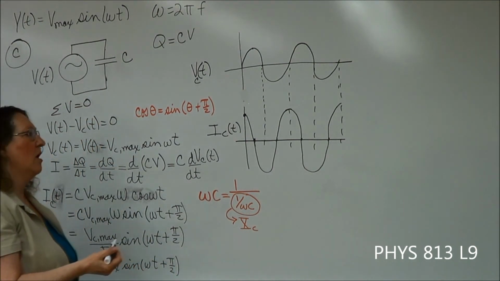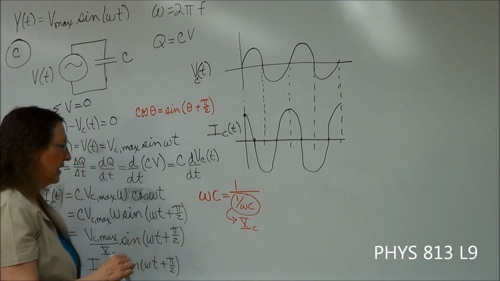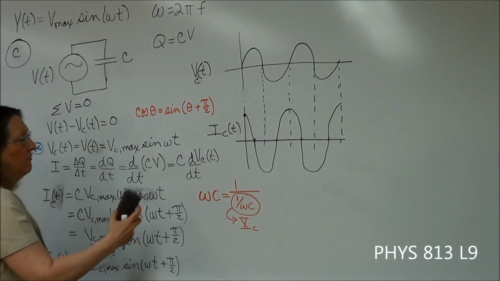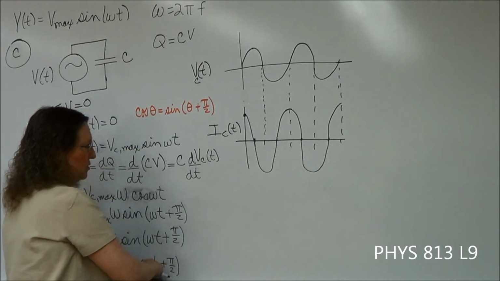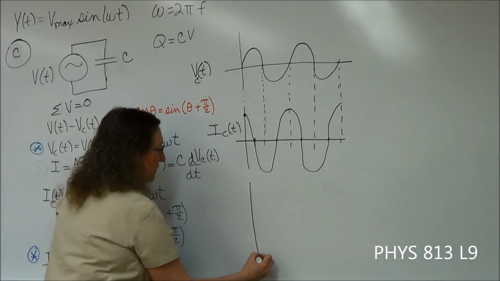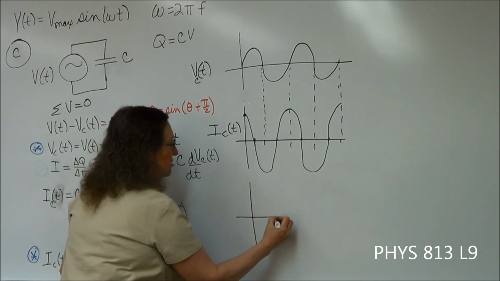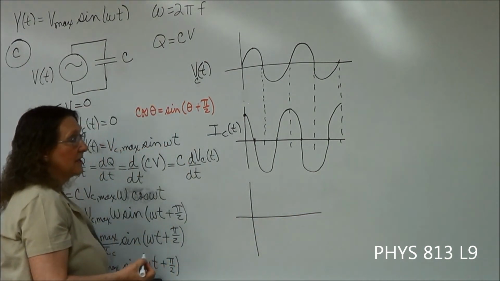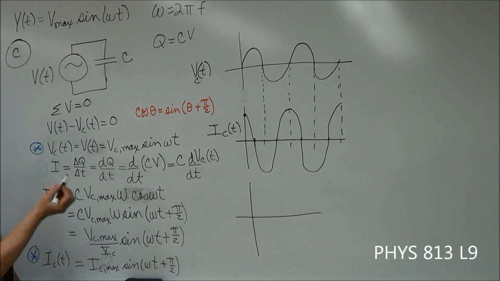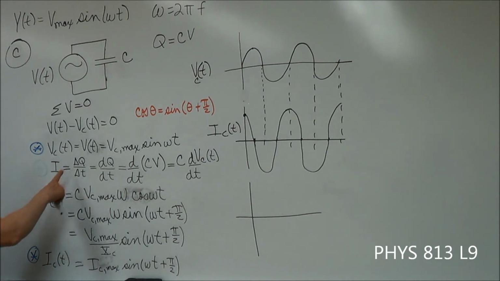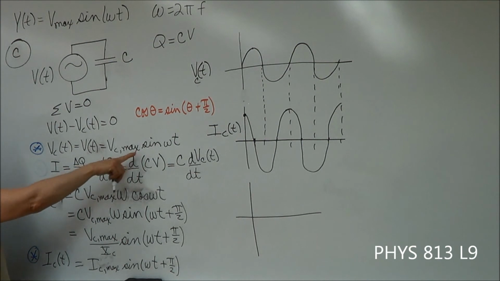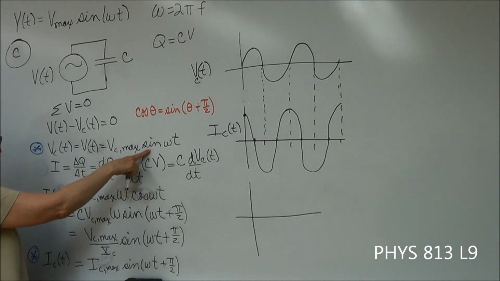So when we draw our phasor diagram, I'm going to erase this so I can use this space here. For our phasor diagram, we have to get that information in our picture. So what textbooks normally do is we have our voltage equation in terms of sine.